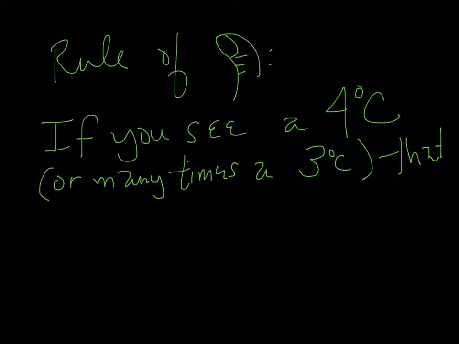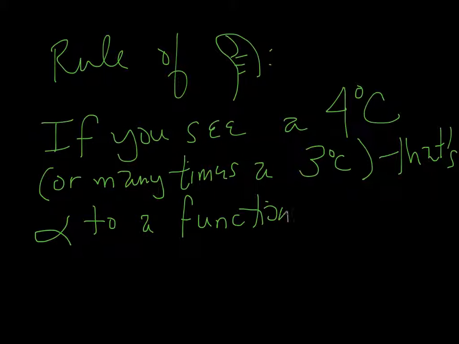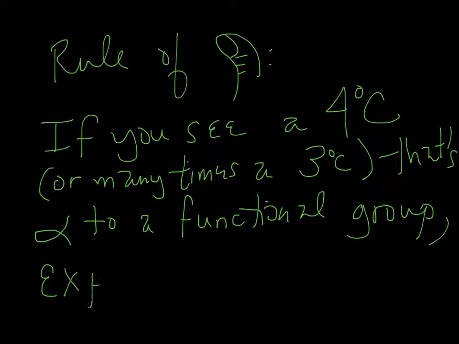I'm going to use the term alpha, but remember alpha means adjacent. That is alpha or adjacent to a functional group. That way, because it happens to both halogens and alcohols. Expect a skeletal rearrangement.